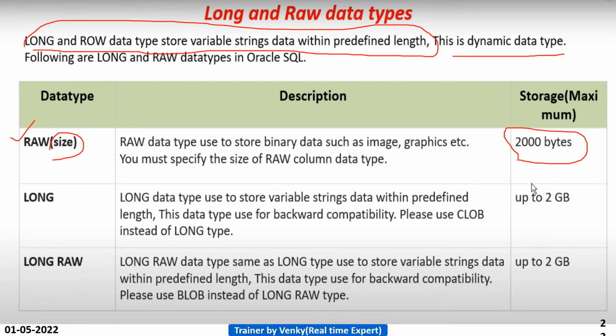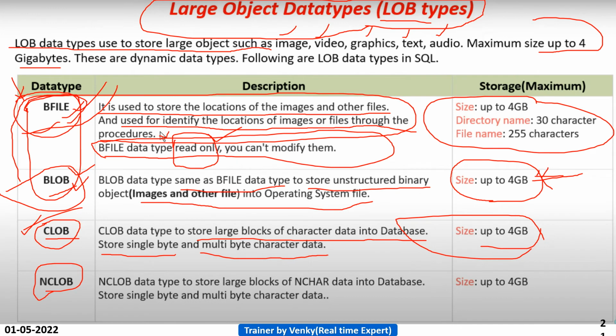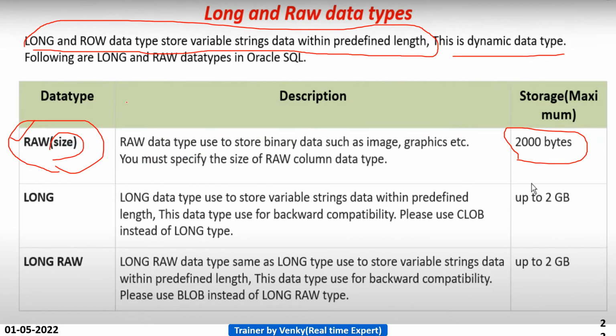So we will go for the RAW data type. Just as we have CHAR and VARCHAR before going to CLOB, large objects, we have LONG and LONG RAW. All are the same, right? It will also be used to store binary data only: images, graphics, everything. The size is 2000 bytes. LONG has 2 GB.